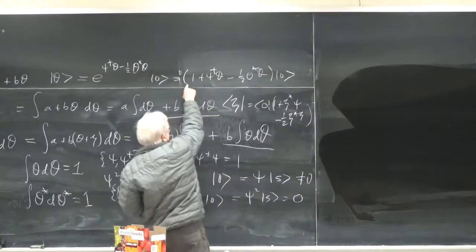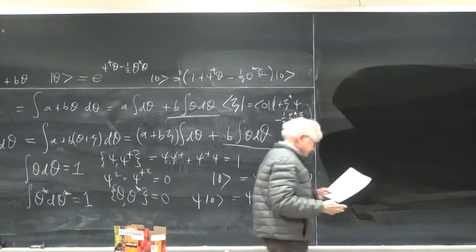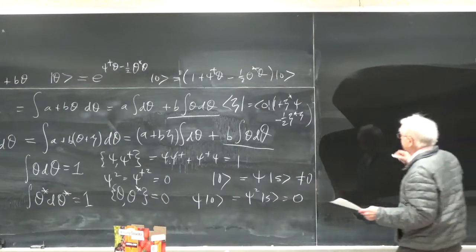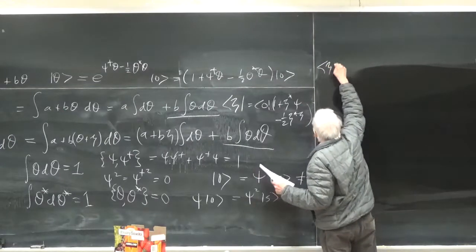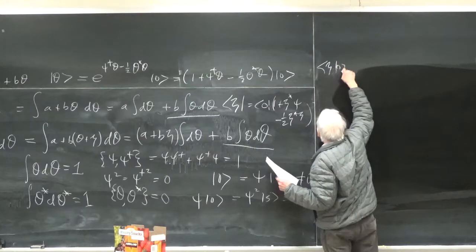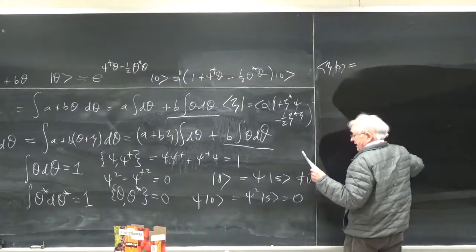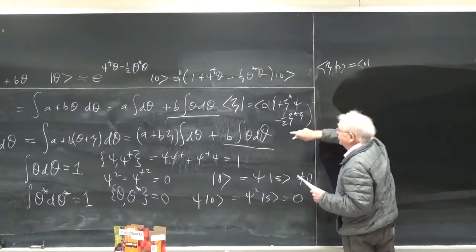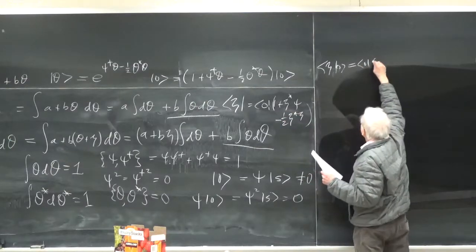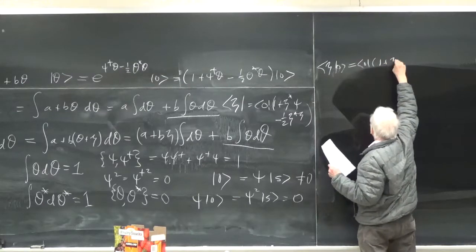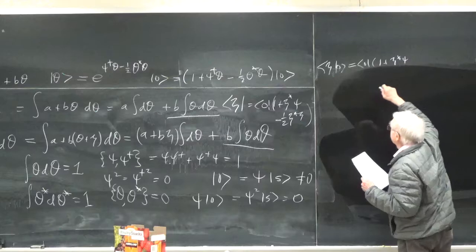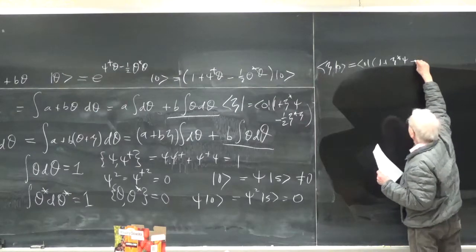So that's just the adjoint of this with theta replaced by zeta. And now we can compute the inner product of zeta with theta. And we just have to write it down, namely, and keep track of all the anti-commutators and all things that are zero.